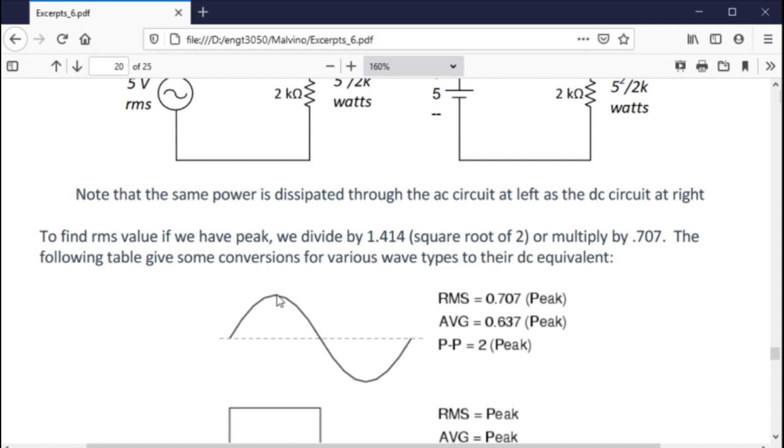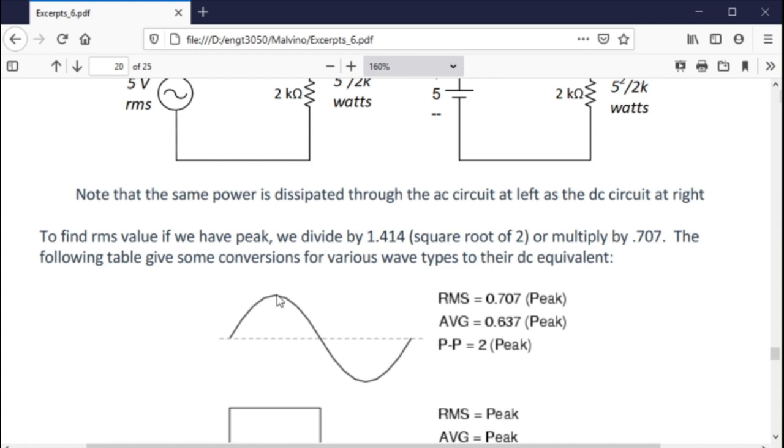So we have 110, right? That's what we have coming out of the wall. Okay, so that divided by 0.707 gives me 155. 155 is the voltage of that 110 volt AC at its peak.